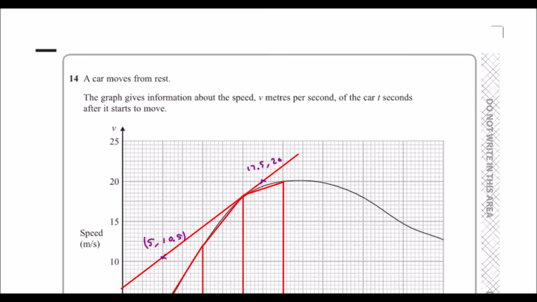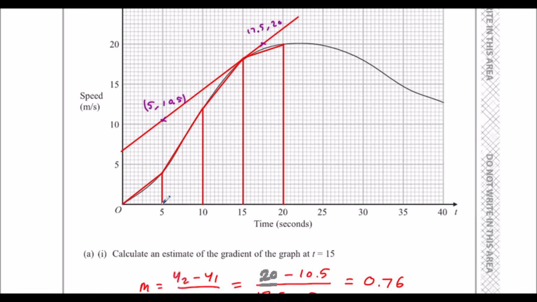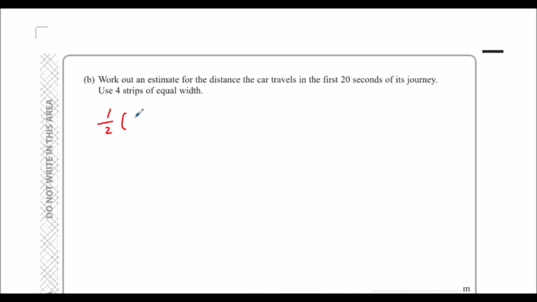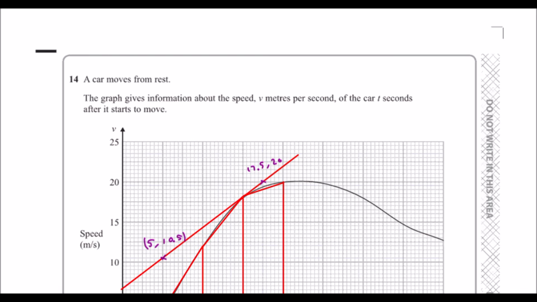So the area of a triangle is half base times height. So it's half 5 times 4 for the triangle. I'll do the calculations after.